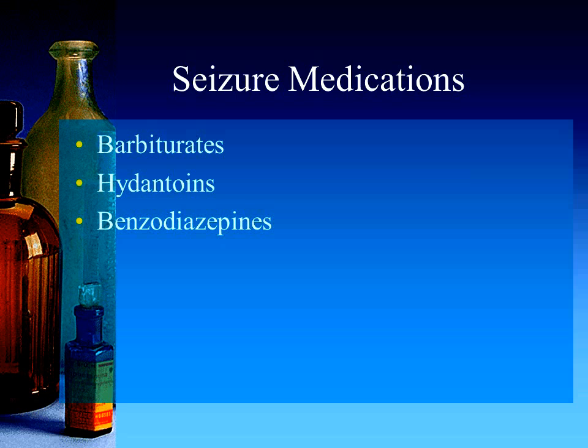Third one on here you see is benzodiazepines. Primarily where we see these used is for status epilepticus, that active seizure going on, in which case the drug of choice currently to arrest a status epilepticus is called Ativan, generic name lorazepam, and it is administered IV.